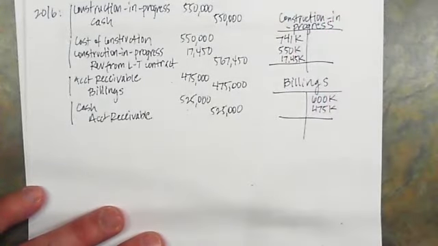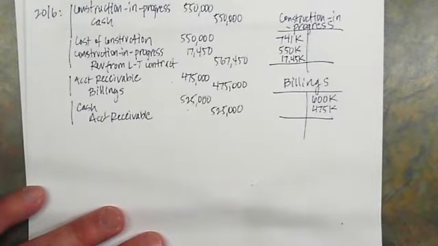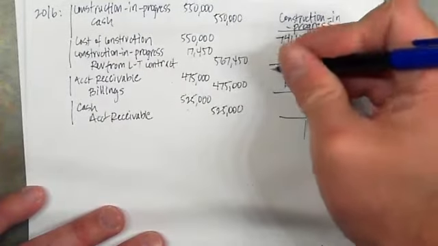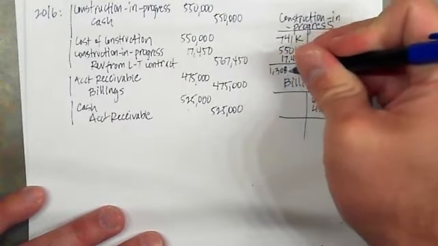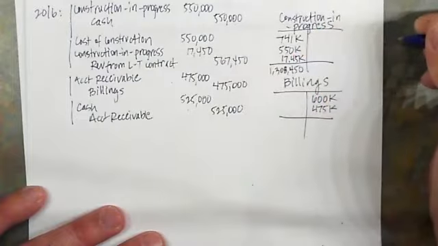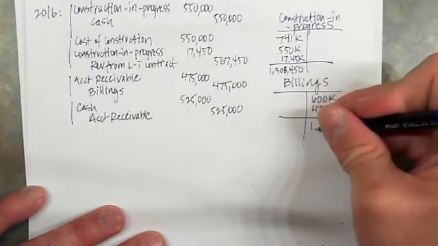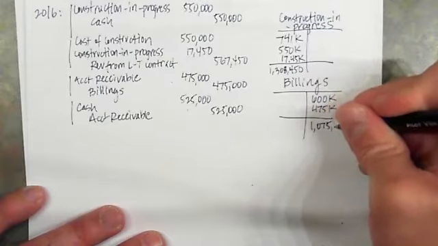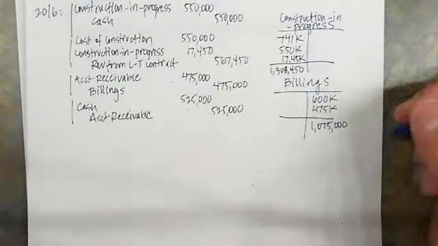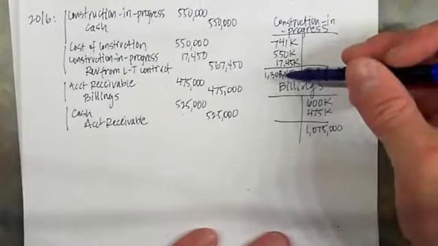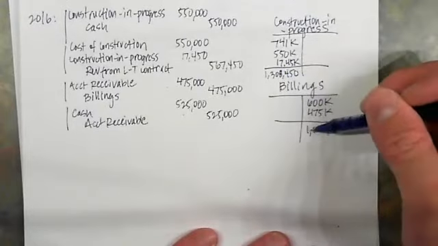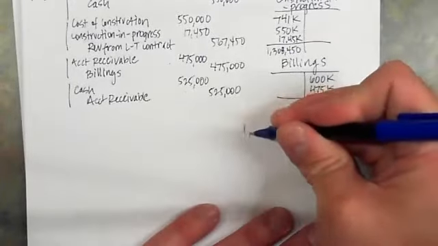So then again, you just reconcile those accounts by adding them up. 741 plus 550 plus the gross profit gives me $1,308,450. The billings, $1,075,000. And so again, I'm going to have a contract asset because the construction in progress account is larger than the billings account.